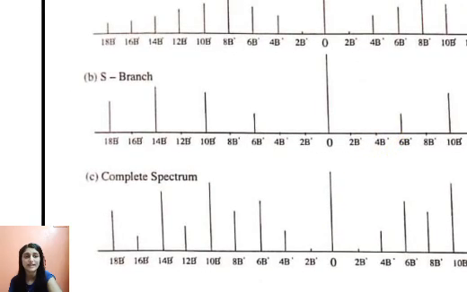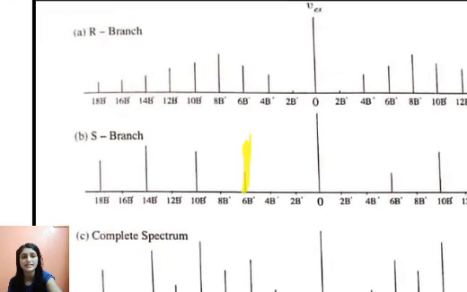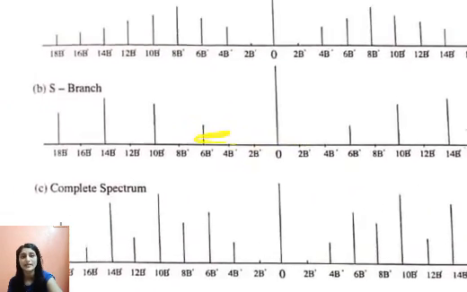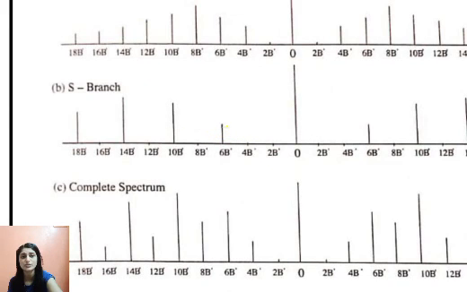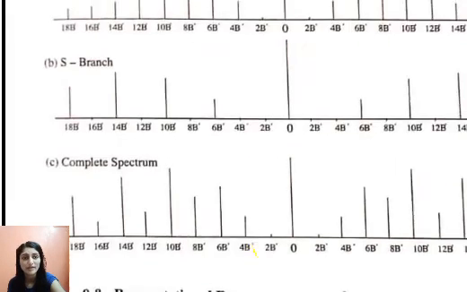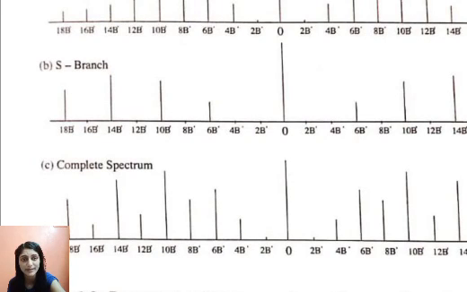Now for S branch, we know that the first line is at a distance of 6b dash, and later on the difference between any two successive lines of S branch is 4b dash. So 6b dash, then 10b dash, 14b dash, 18b dash, and so on. As we have R branch lines and S branch lines both, if you check the complete spectrum, I will get the 4b dash line of the R branch here.